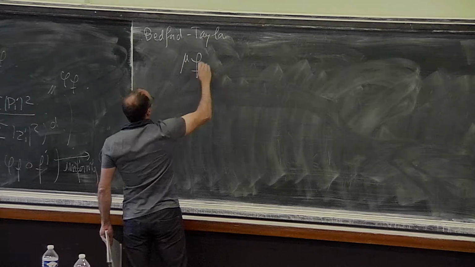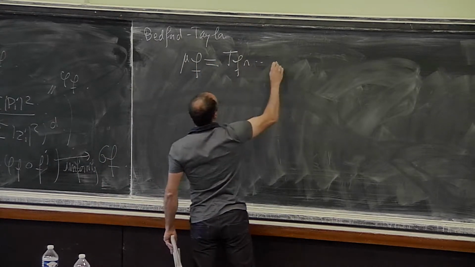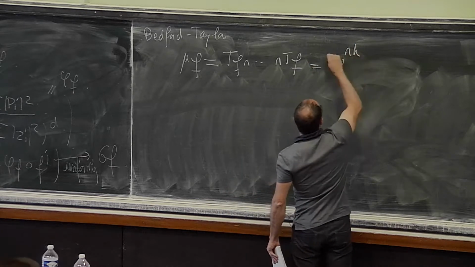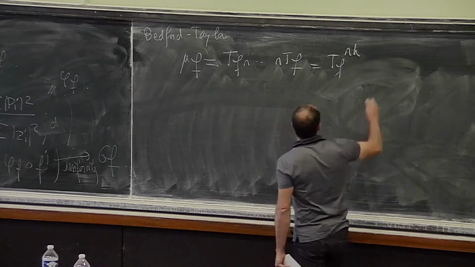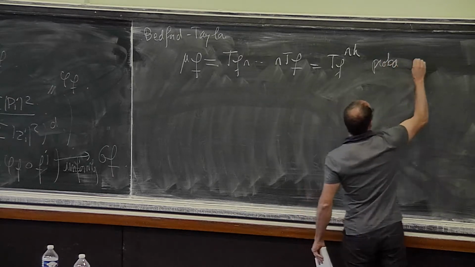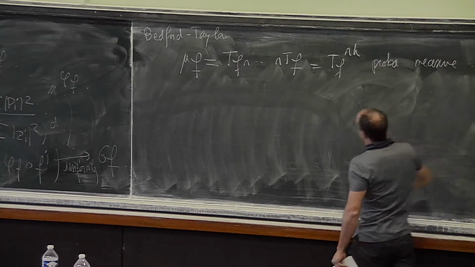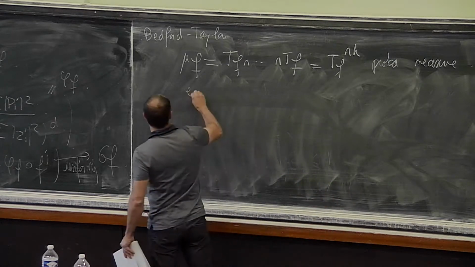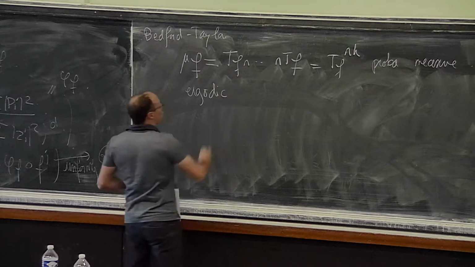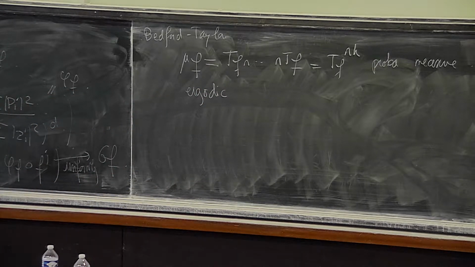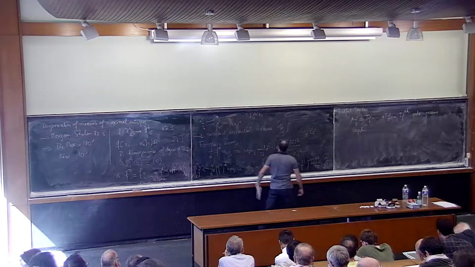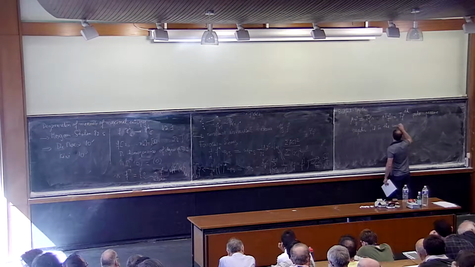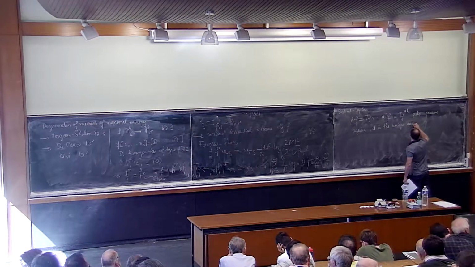So you can look at μ_f, which is the k-th exterior power of T_f, and this is a probability measure which is invariant under the dynamics. Even more, it's ergodic. And one can show that it captures the most chaotic part of the dynamics, meaning that it is the unique measure of maximal entropy.